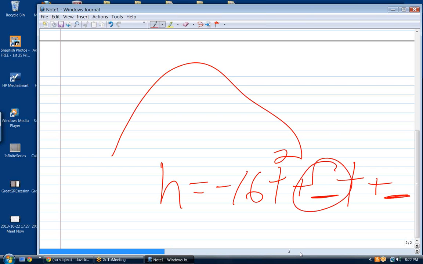This number is actually the velocity that the ball is thrown at. And this number is the height that it starts at. So I don't know if that's helpful or not, but whenever you have parabolic motion problems, it's always that.